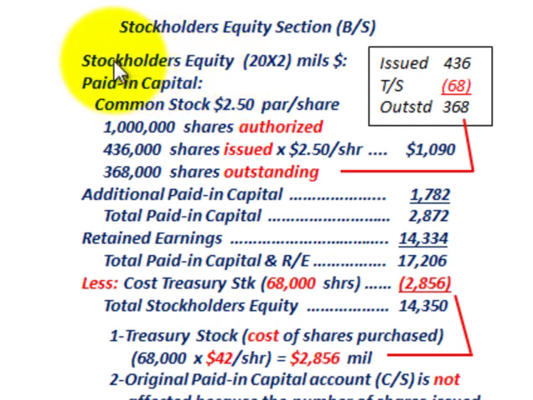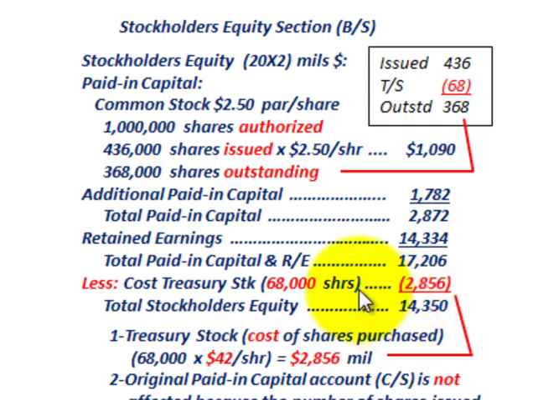So we'd have here our stockholders equity here, and we'll list the date here at 20x2, that's that second year here, and we're going to look at it in terms of millions of dollars or hundreds of thousands of shares here. So what we would have here for our paid-in capital, we're going to list each of these amounts here. We're going to have our paid-in capital, additional paid-in capital, our retained earnings, and then we're going to have to subtract out the treasury stock cost amount here to determine the total stockholders equity.